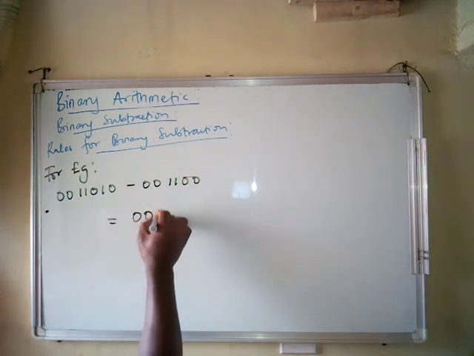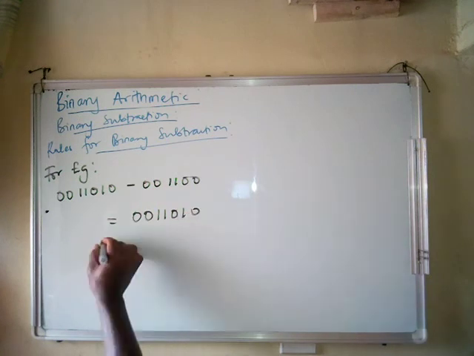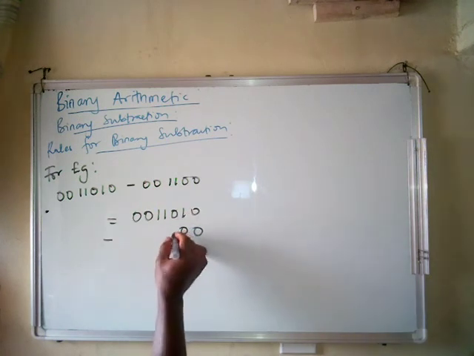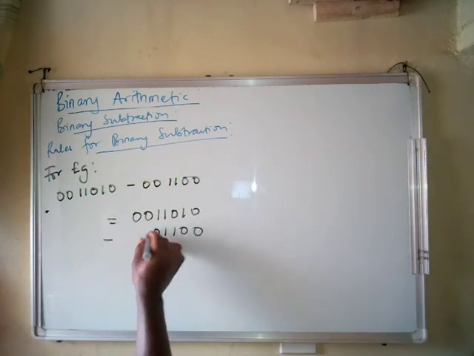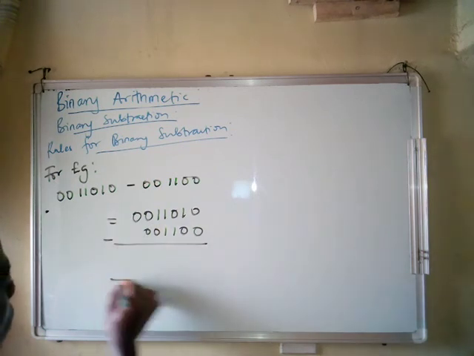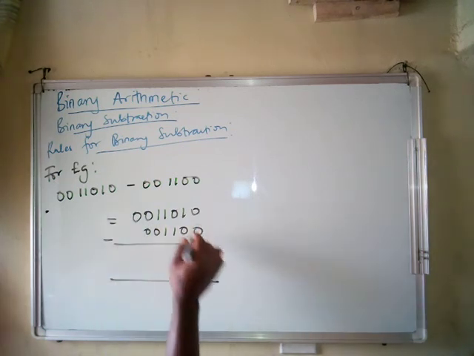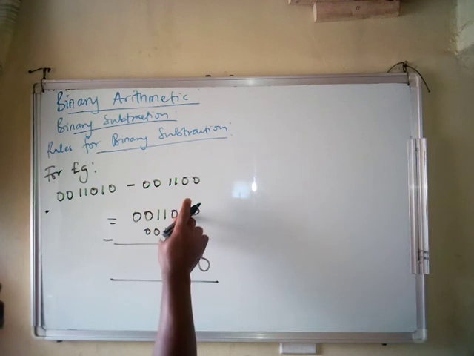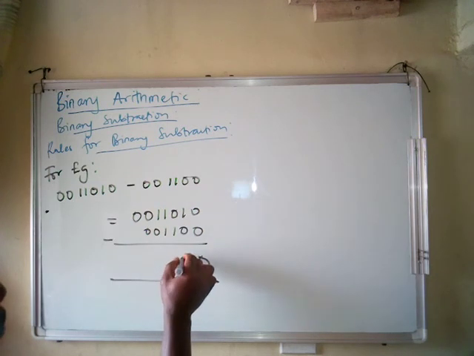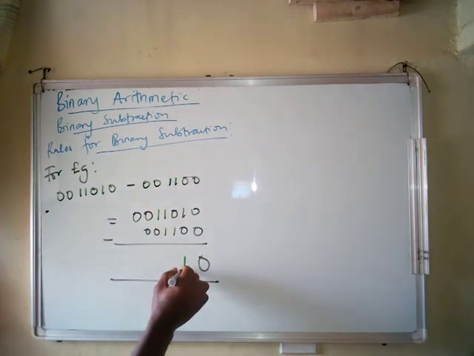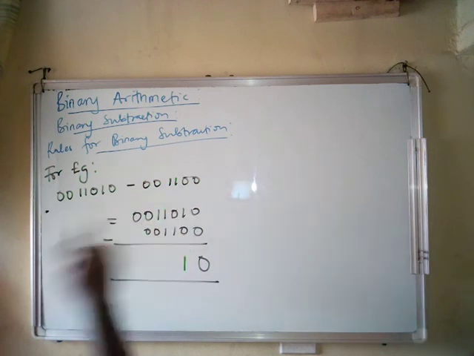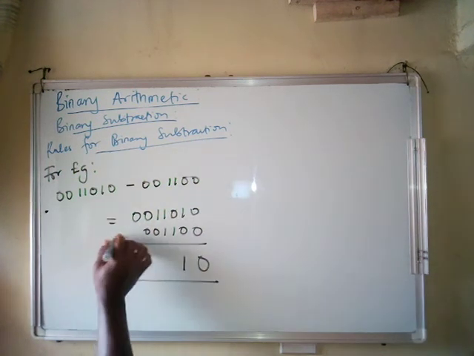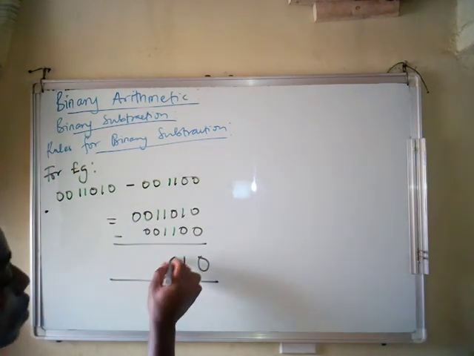So 0 0 1 1 0 1 0 minus, let's see what we have. From the table, 0 minus 0 is 0. 1 minus 0 is what? 1. 0 minus 1 is what? It's still 0.